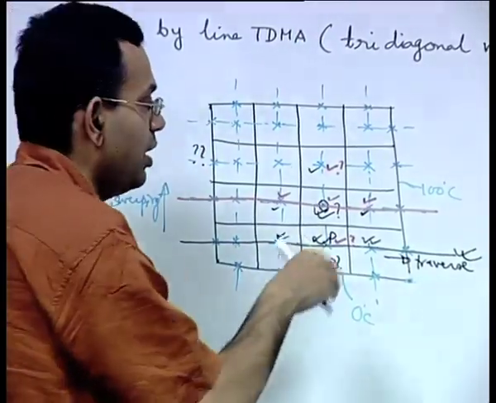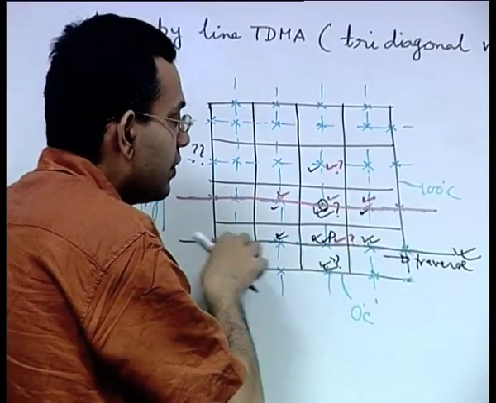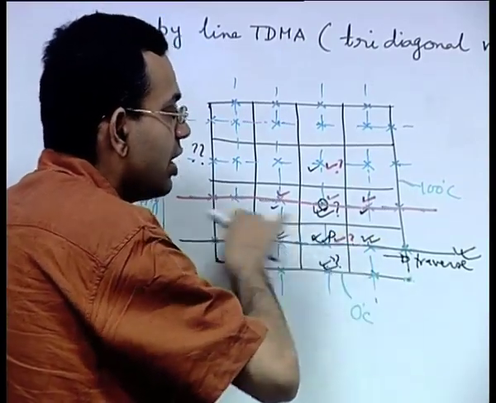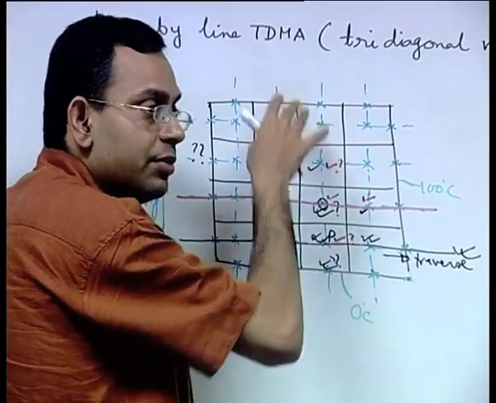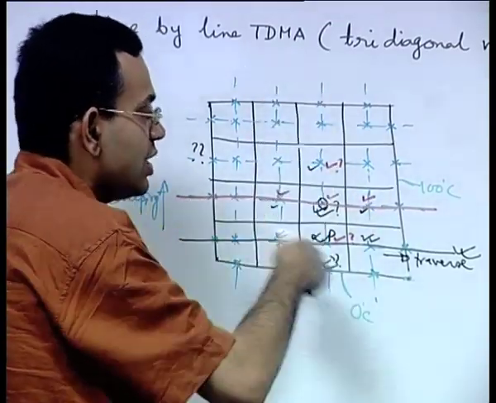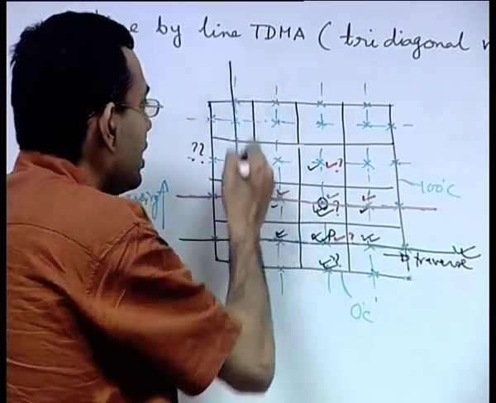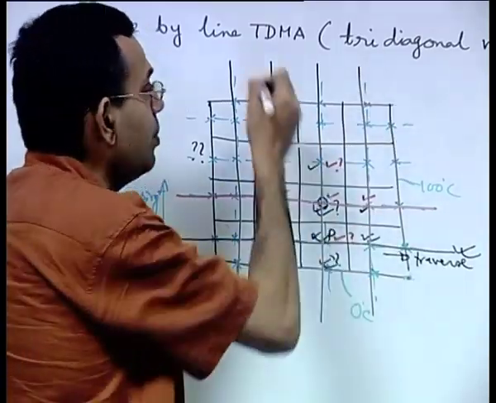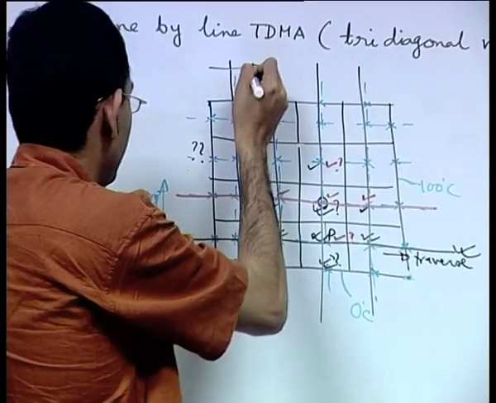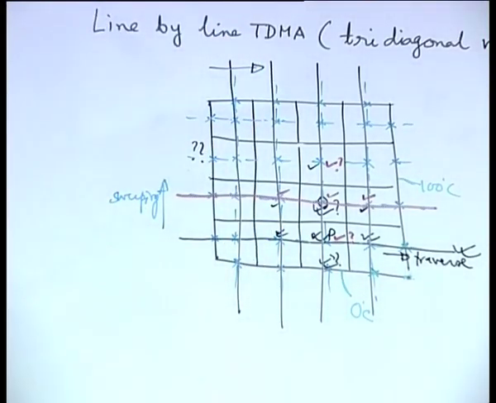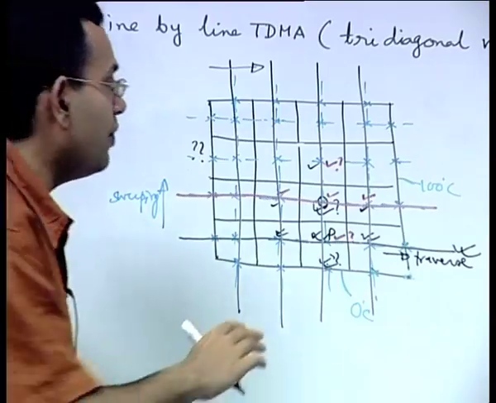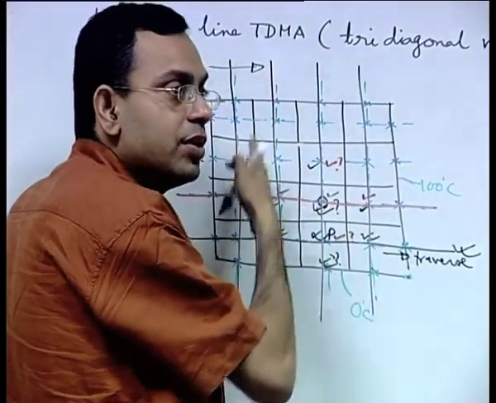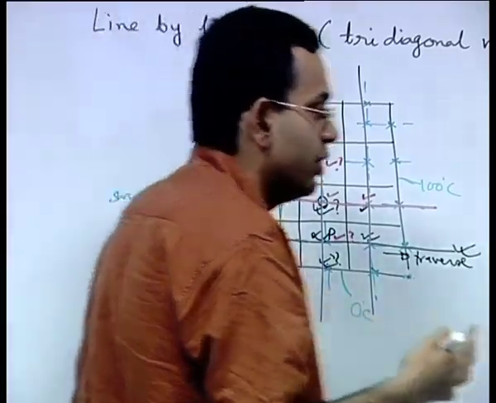For example, for one set you have considered that you are taking horizontal lines for TDMA, then in the next set of iterations you consider the vertical lines as the lines on which you apply the TDMA and sweep along this direction. So you alternate the directions of sweep and traverse, so that effects of all the boundaries may be propagated inside the domain in an effective way.